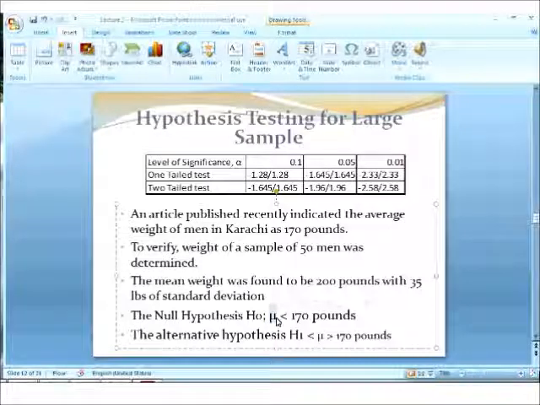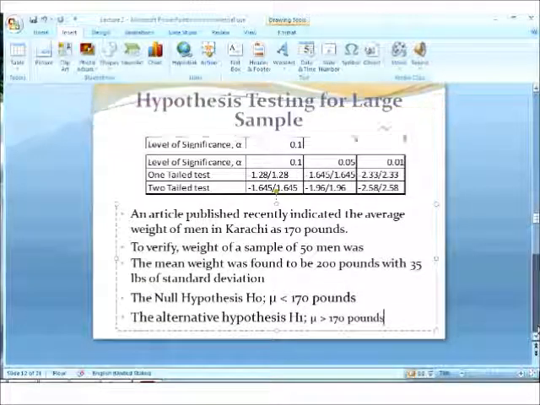This is what we claim; whatever is published, we do not necessarily agree with it. Whenever we have a null hypothesis, we always have an alternative hypothesis, which is just the opposite of the null hypothesis: that the average weight of men in Karachi is greater than 170 pounds.